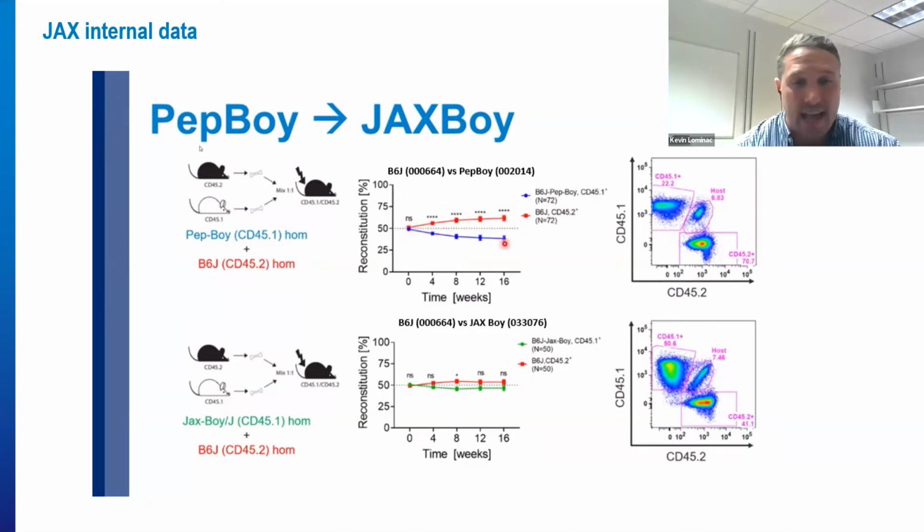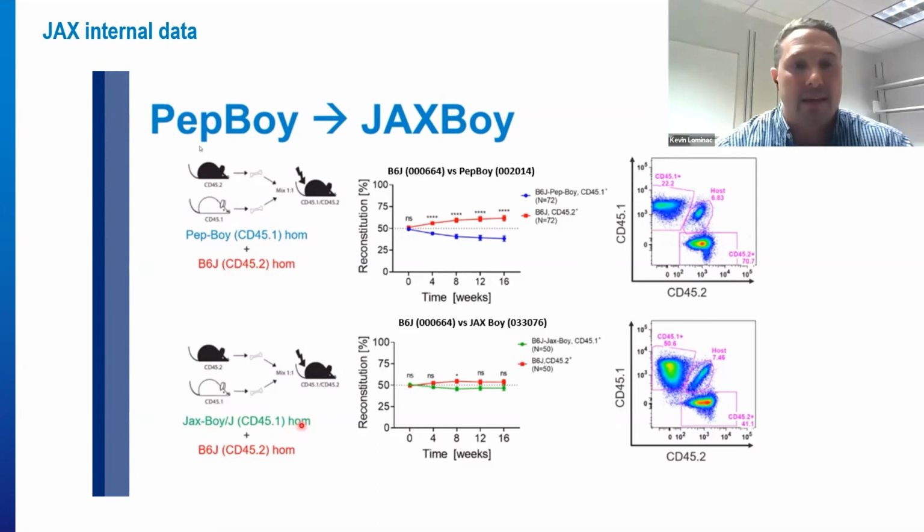Now, if we do the exact same thing using JAXBoy, where it's co-isogenic now instead of congenic, we've gotten rid of all that extra SJL. So really and truly, this thing should be almost 100% C57BL6J, except for that one nucleotide that determines CD45.1 or .2.